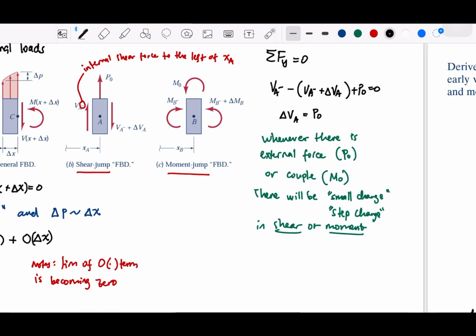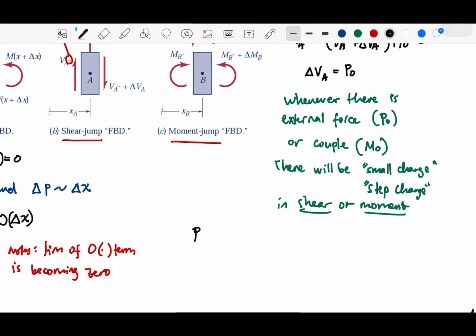So P0, as a conclusion, P0 will cause a step change. What is the step change? This is the delta VA, step change in shear.